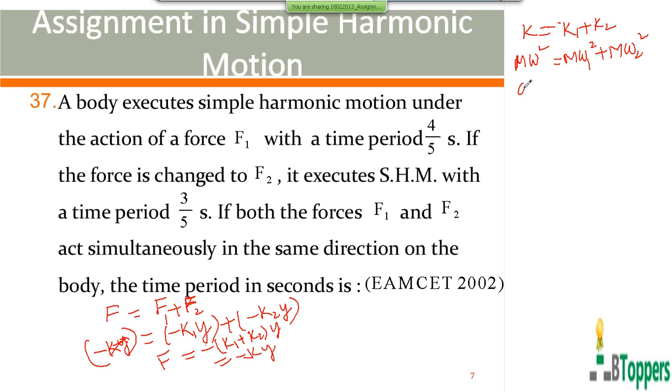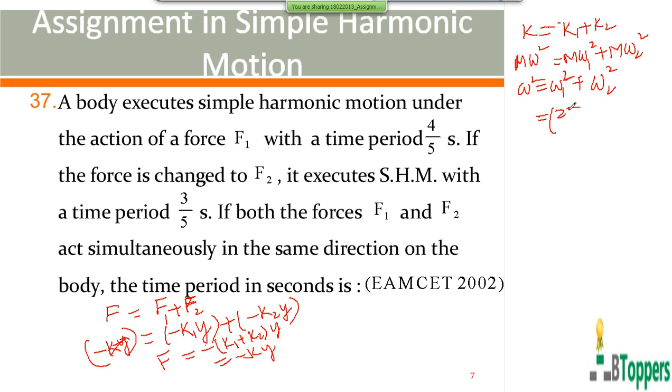So here omega 1 is the angular frequency of oscillations when the body is under the action of first force F1. Omega 2 is the angular frequency of oscillations when the body is under action of second force F2. Omega is the angular frequency of oscillations for same body of mass M, and the body is under action of both the forces in the same direction.